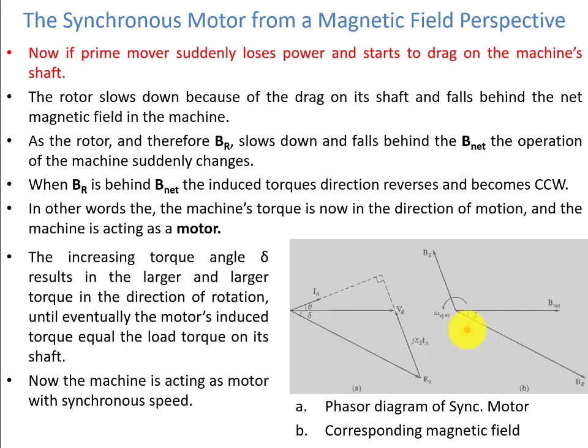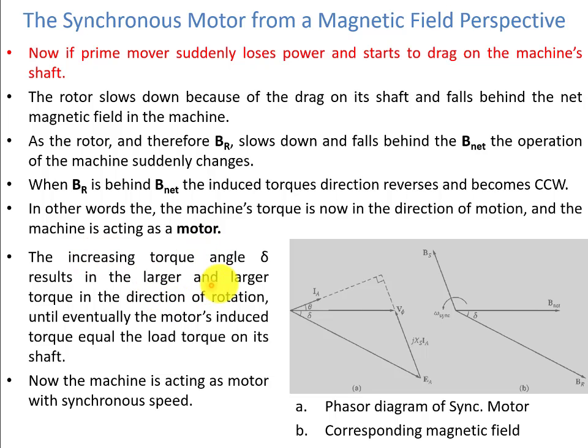Now the rotor has no external power rotating it. The torque that will be produced will be in the opposite direction, and that opposite direction is the direction of motion. So now the machine is acting as a motor.